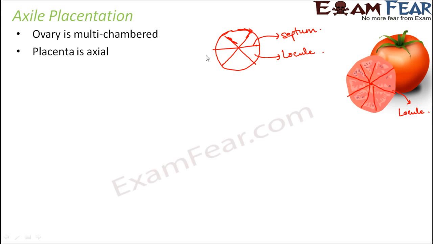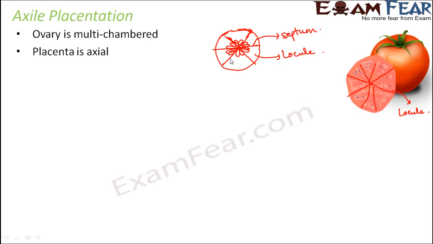And where do we have the ovules? The ovules are located like this. So this is the ovary, this entire spherical structure, and this is where the ovules are arranged. Due to this kind of arrangement of ovules, the ovary becomes multi-chambered. It gets divided into different locules.